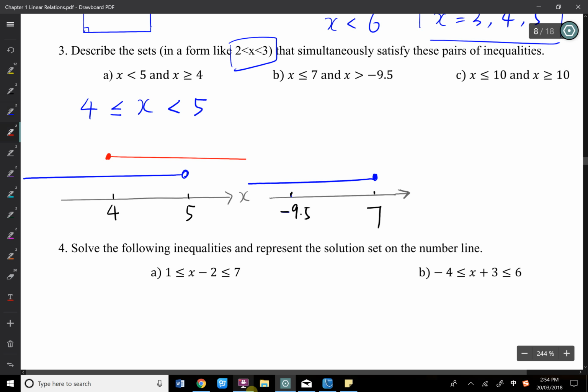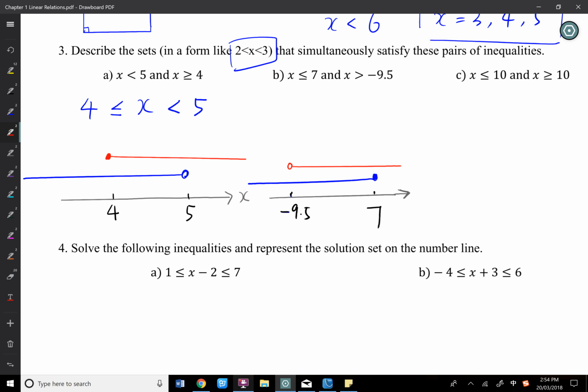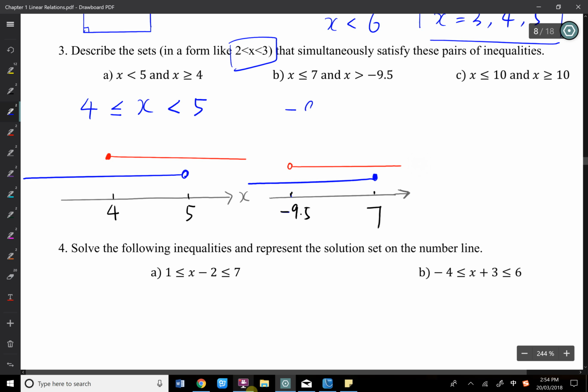Second one wants greater than negative 9.5, which is this part. What we can see in between is negative 9.5 to 7. But negative 9.5 is not in both sets. So my answer will be negative 9.5 less than x and less than or equal to 7.